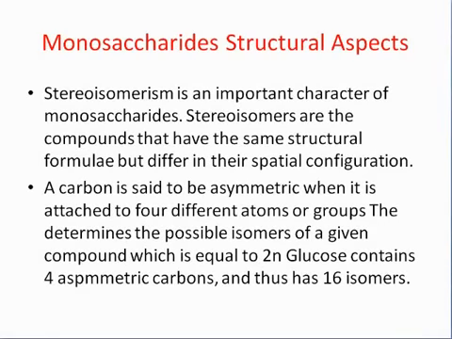It is just basic chemistry, and whatever you need to know in this slide is that carbon has a valency of 4 and glucose has totally 16 isomers, and you should have a basic idea about stereoisomerism. So what is stereoisomerism, what is the difference between glucose and fructose, and mainly to differentiate between aldoses and ketoses, it is very important not to confuse.